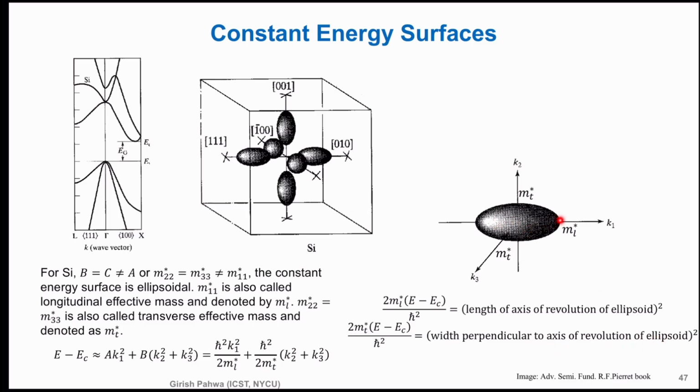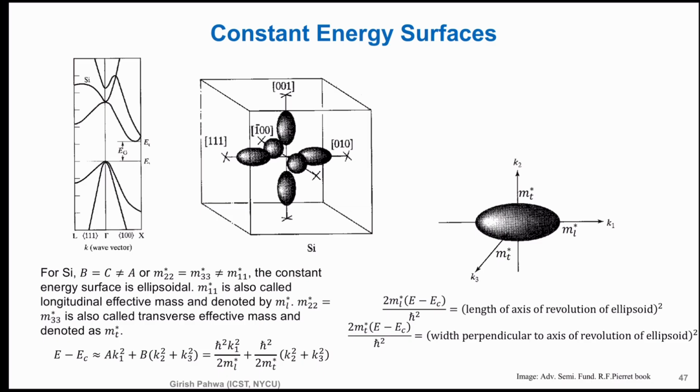So this is the axis of revolution of the ellipsoid, and perpendicular to that, this or this, the square of that length is related to the MT star. So you can clearly now see that if my MT star increases, this will increase, ML star increases, this will increase. Got it? So two effective masses, longitudinal, transverse, for silicon conduction band.